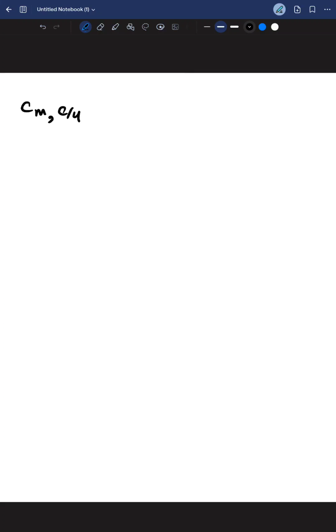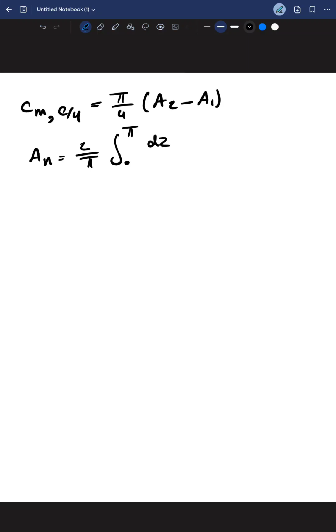So Cm at the quarter chord, the moment coefficient at the quarter chord, is pi over 4 (A2 minus A1), right? What are A2 and A1? These are the Fourier coefficients. So we have A_n is 2 over pi integral from 0 to pi of dz/dx cosine of n theta d theta.